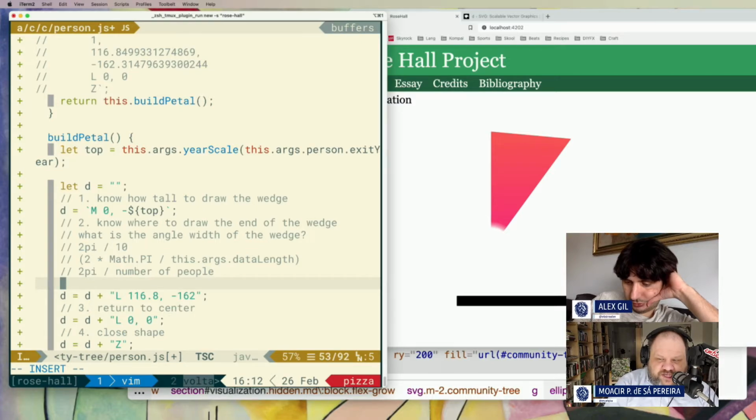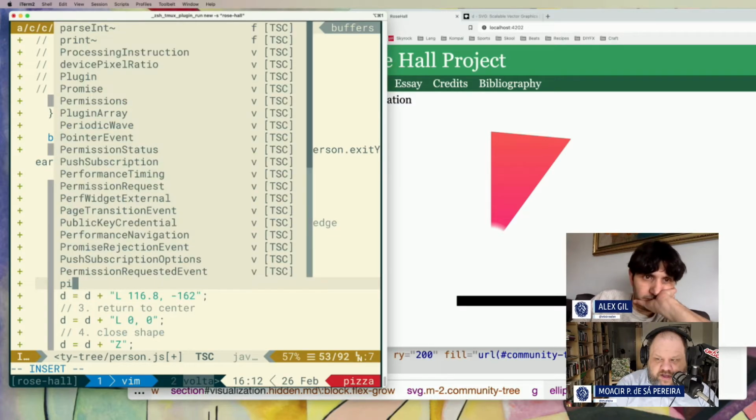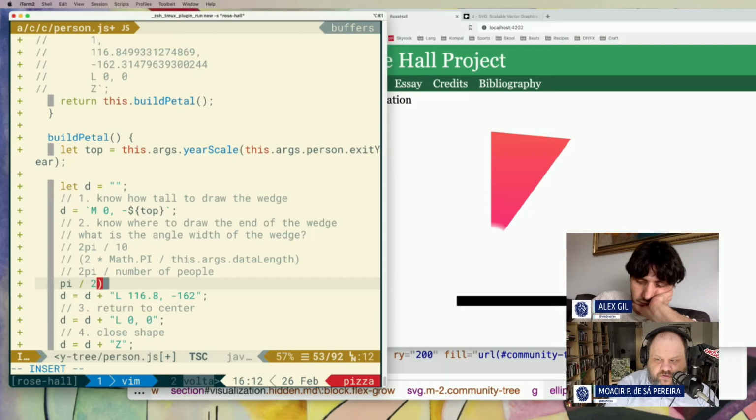Now, the angle we need is equal to pi over 2 minus wedge width, right? Pi over 2 is 90 degrees. No, we're far away from drawing something.